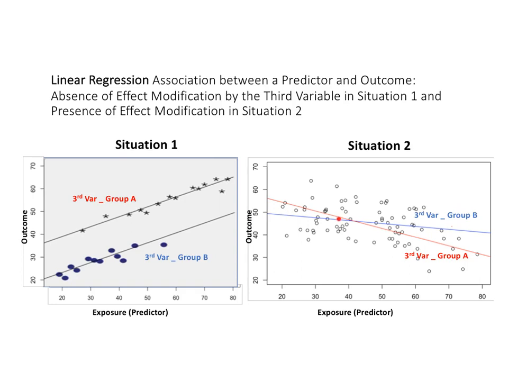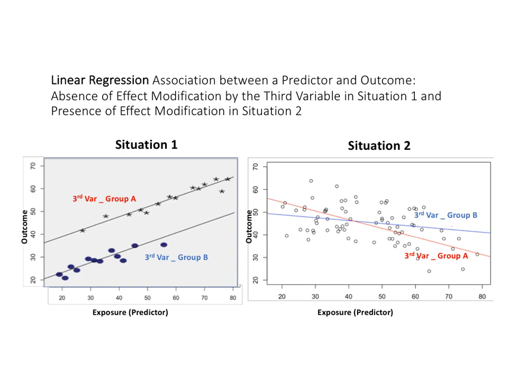These lines are not parallel, in fact, they cross. The fact that these lines are not parallel indicates that the association between the exposure and the outcome varies depending on the third variable that determines if the group is group A or group B. This difference in the strength of association between exposure and the outcome across levels of the third variable indicates effect modification.